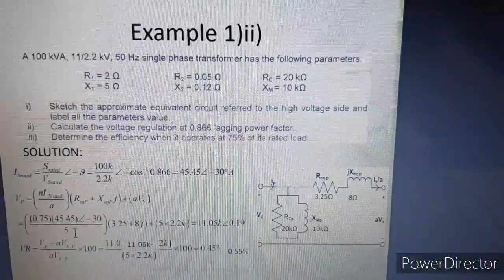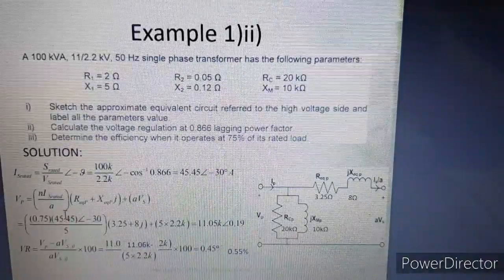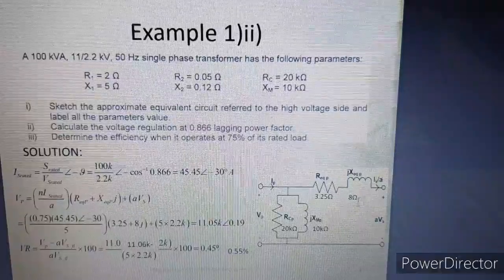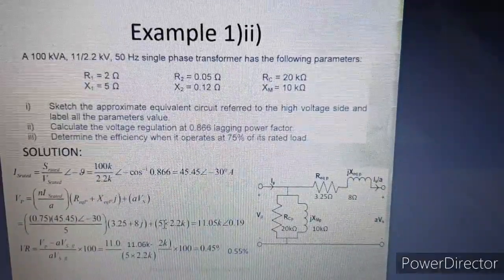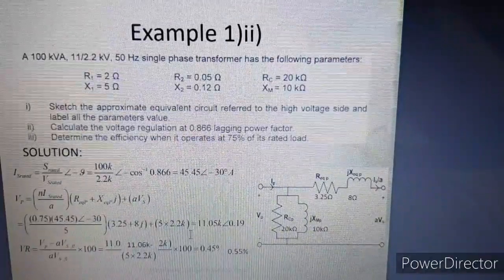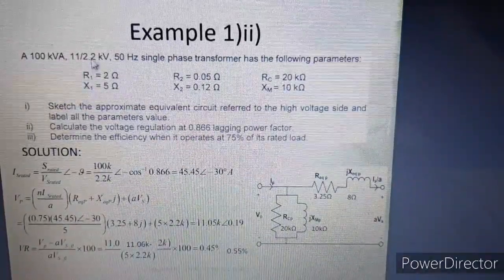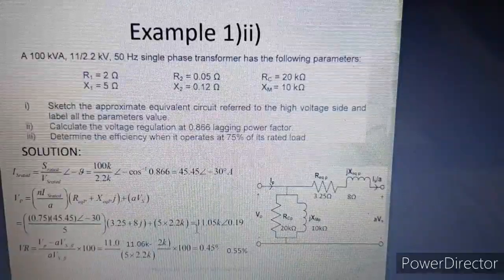R equivalent P, just take whatever you have calculated before, 3.255, plus A times VS rated, 2.2K. So you get that.